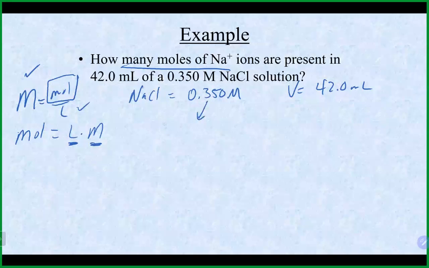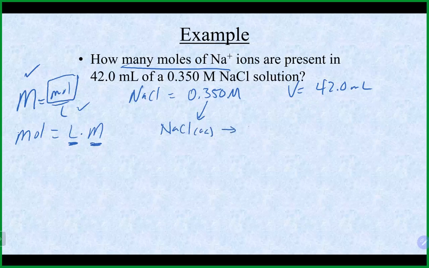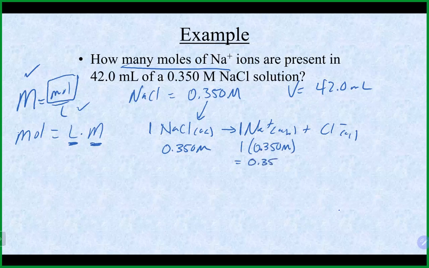So my sodium chloride will break apart into a sodium ion and a chloride ion. And since the concentration of this guy is 0.35 molar, it is a 1-to-1 relationship, which means I would take 1 times 0.35 molar. And that would give me 0.35 molar for my sodium.